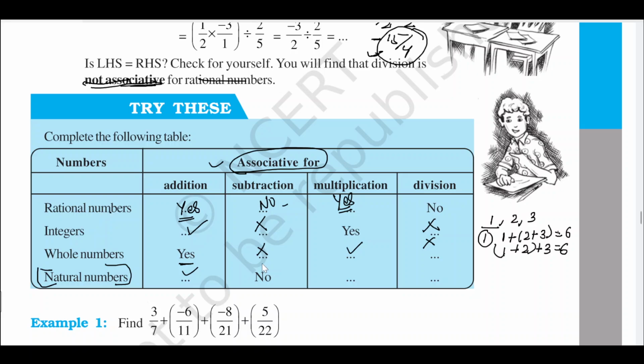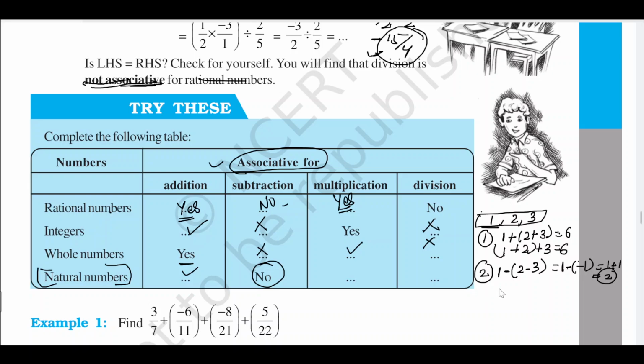For subtraction, it is saying no. So we will just verify. We will just change the plus sign to minus sign in the examples. So 1 minus bracket 2 minus 3. What will be your answer? That is 1 minus, inside the bracket, minus 1. So 1 plus 1, and it is 2.